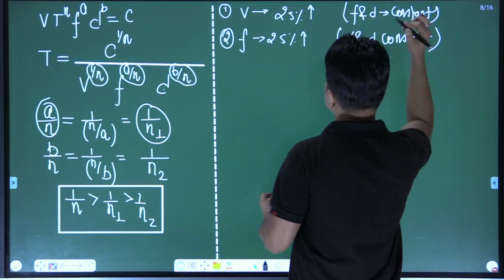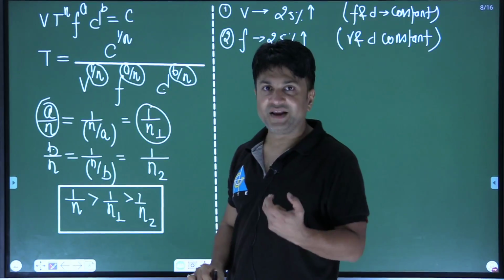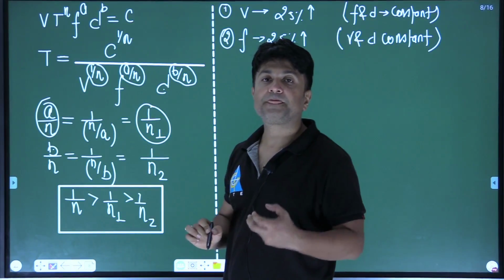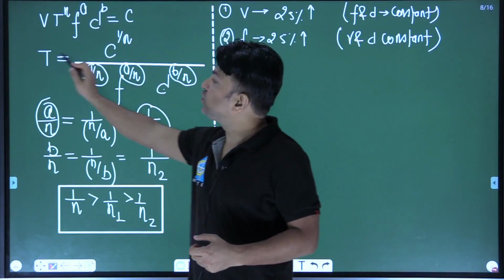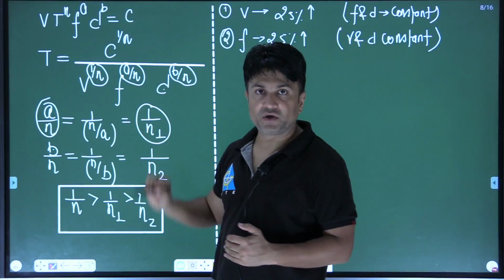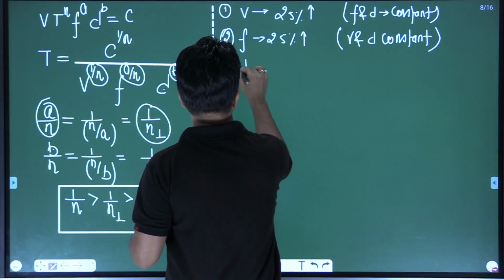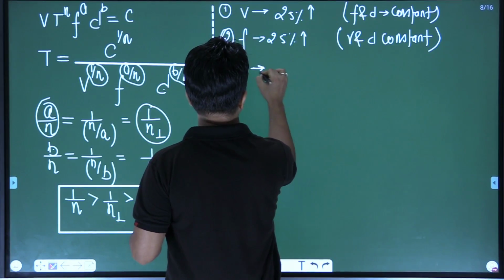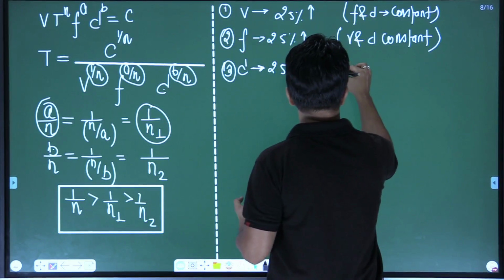If you change the feed by 25%, the power of feed is less compared to the velocity power. So the change is less, and it will affect the tool life less as compared to the cutting velocity.